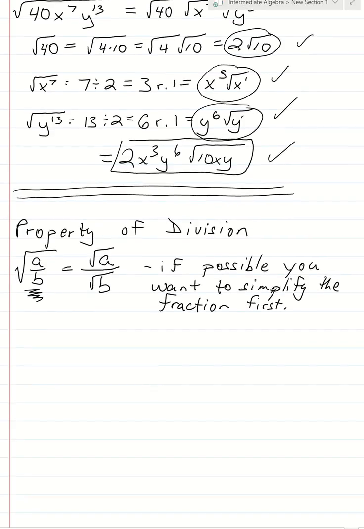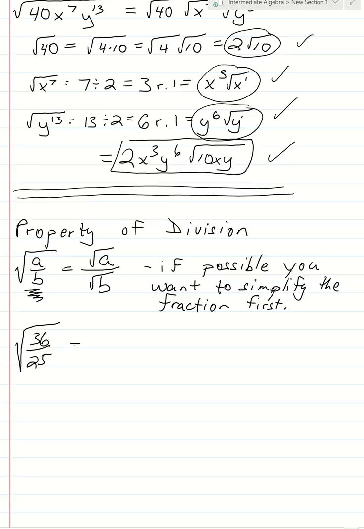So for example, if we have the square root of 36/25, well, let's take a look at this fraction. Can I simplify? Is there a number that goes into 36 and 25 evenly? The answer is no. So we can't simplify this fraction.